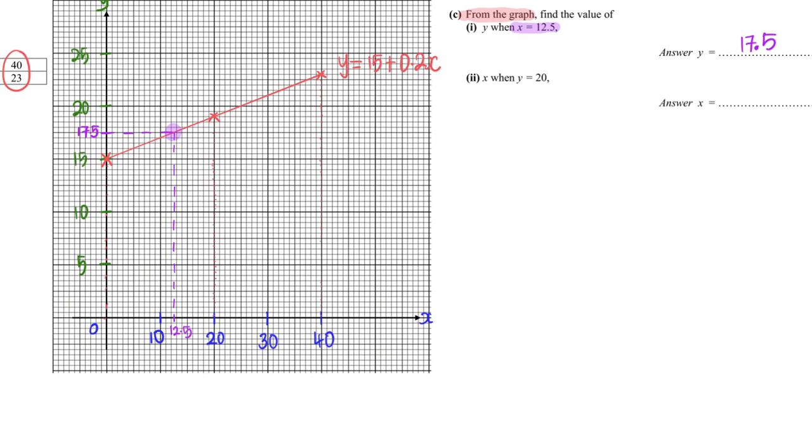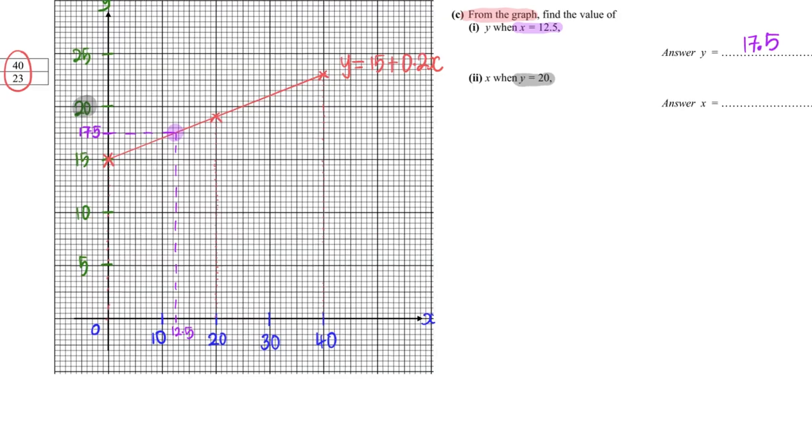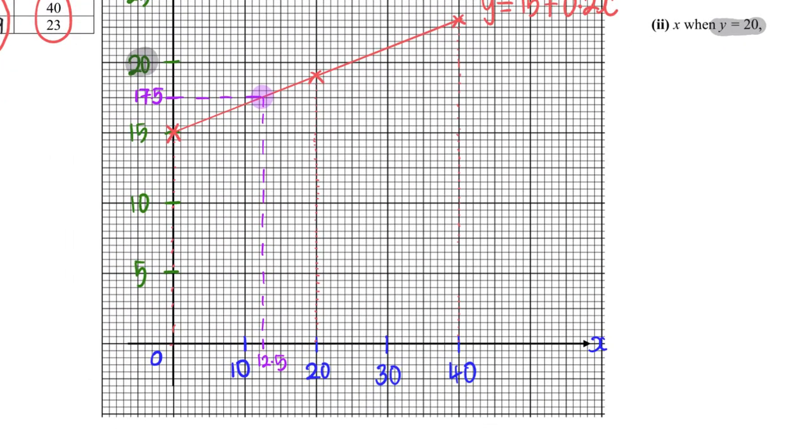The next part will be: when y equals 20, what is my x coordinate? So y equals 20 is here. Again, I'm going to zoom in so that you can see it clearer. From y equals 20, I go all the way to the red line that we have just drawn.